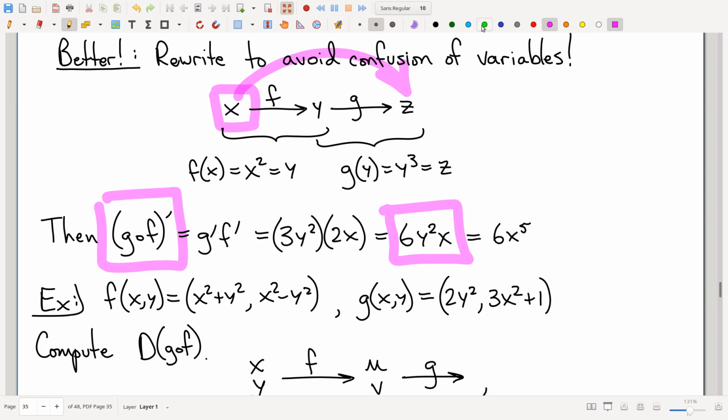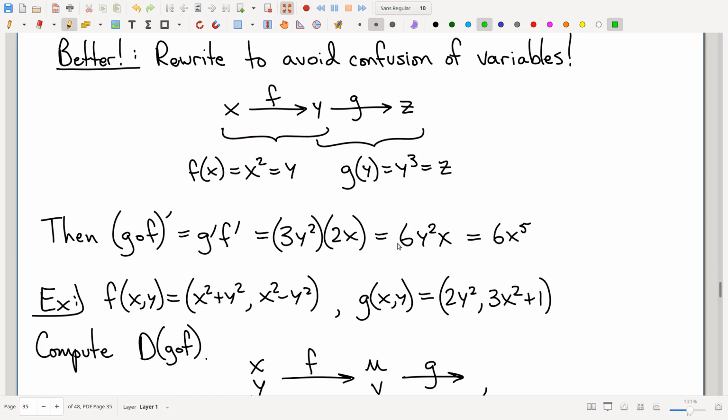So I need to figure out how I'm going to get rid of this y, and no problem. y is what comes out of the f function, so it's f of x. So there's absolutely no problem at all if you're just careful to not confuse your variables. So I'm a big believer. Please keep this in mind when you're doing single variable chain rule.